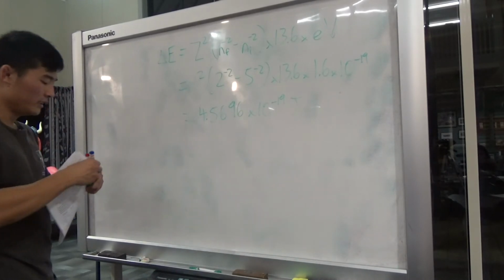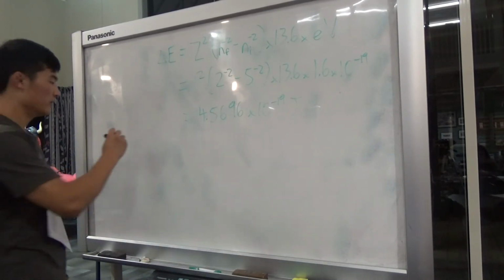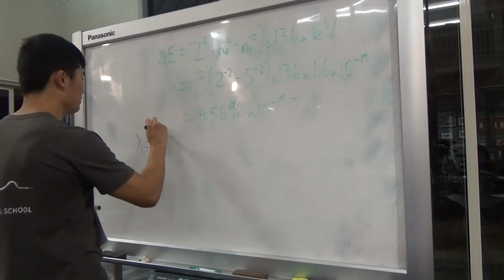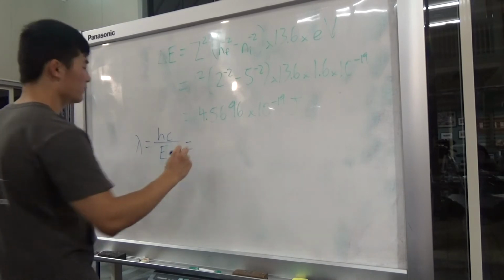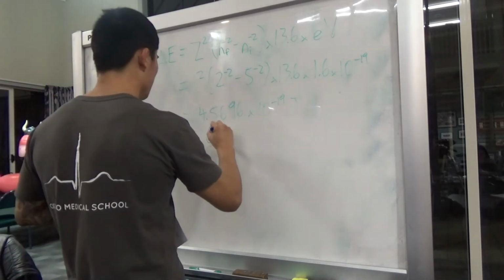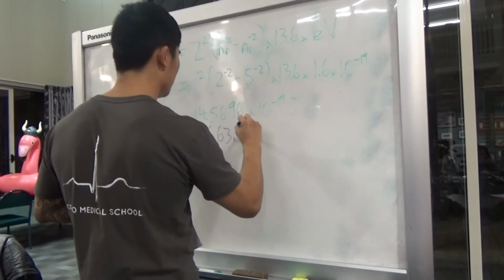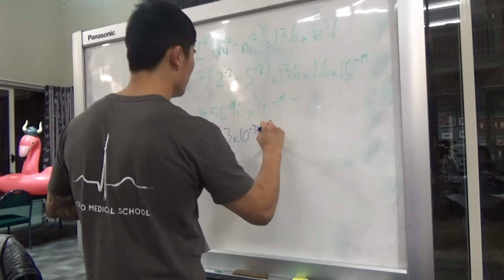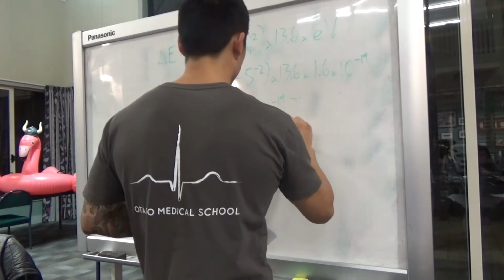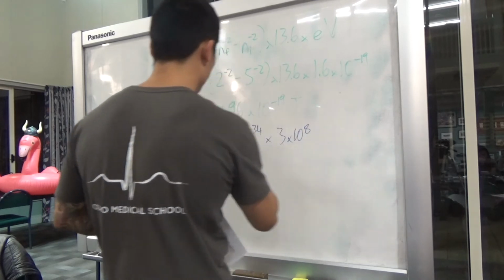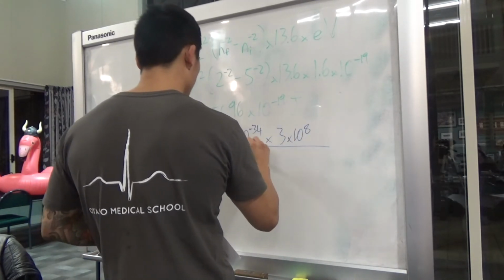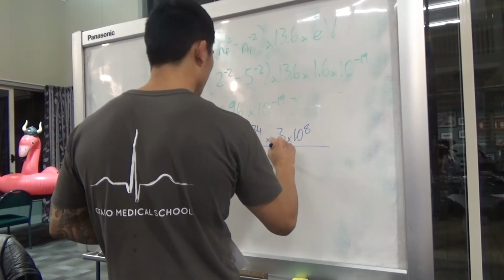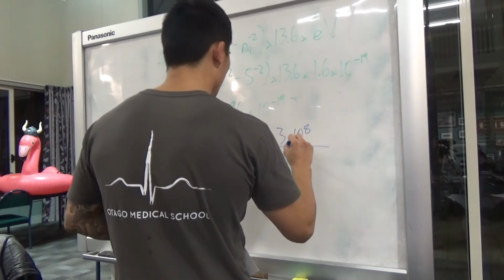And then again, the wavelength is equal to hc over the energy. So that's 6.63 times 10 to the -34 times 3 times 10 to the 8, divided by our energy, which is 4.5696 times 10 to the -19.